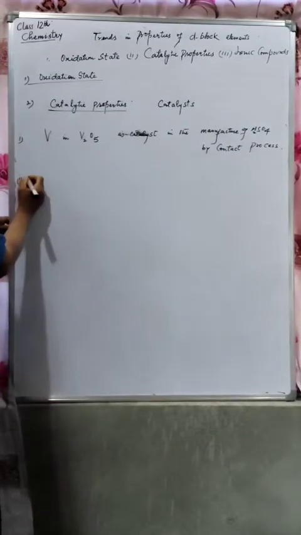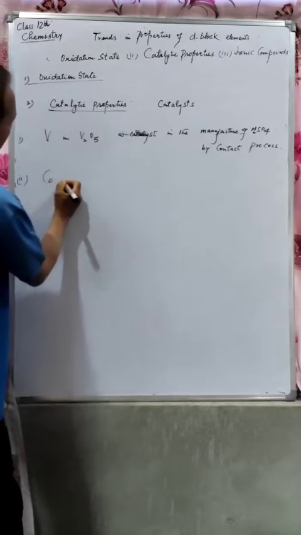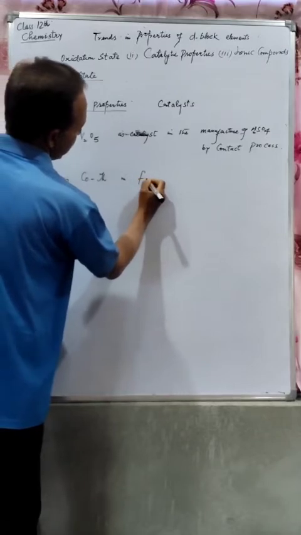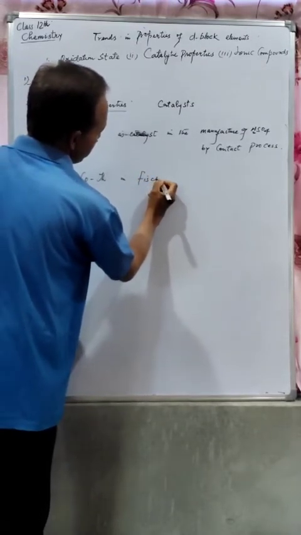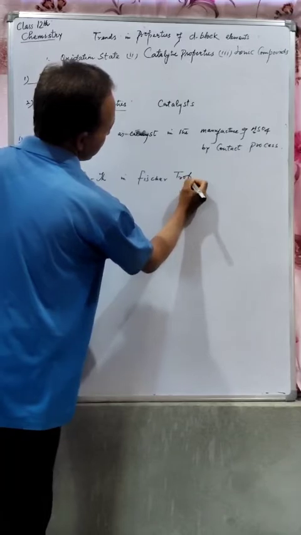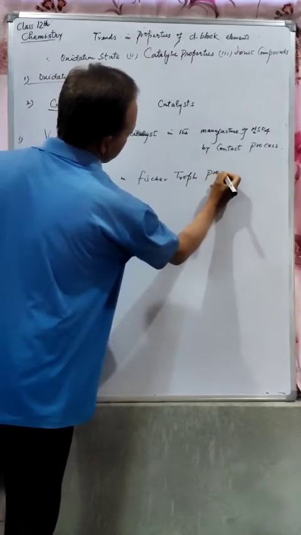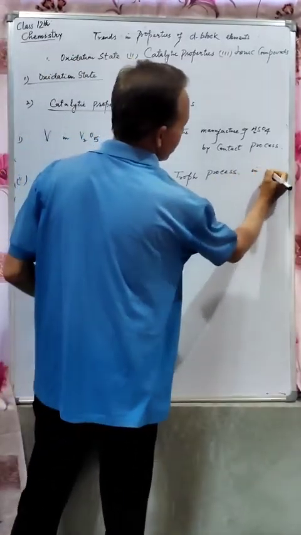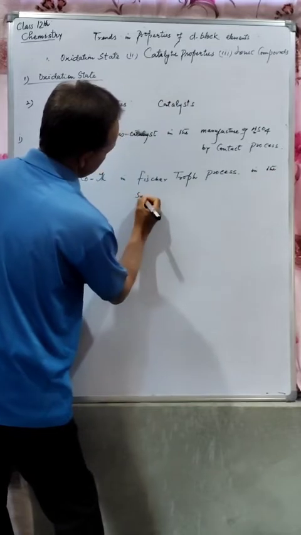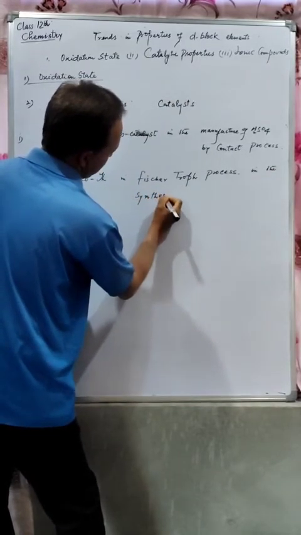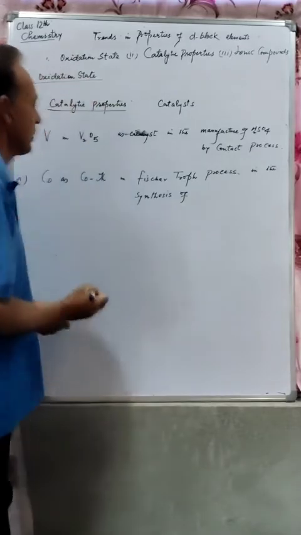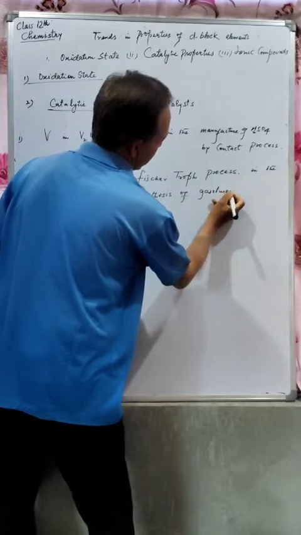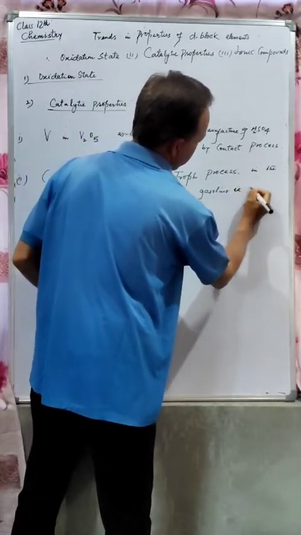Number second, cobalt thorium in Fischer-Tropsch process in the synthesis of gasoline, petrol.